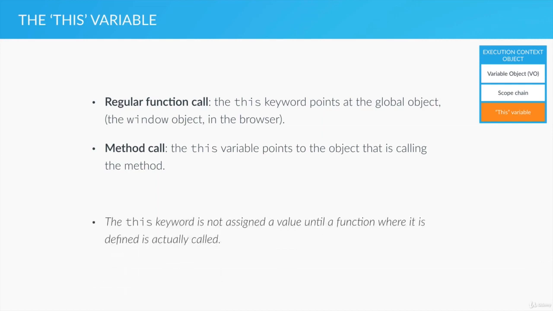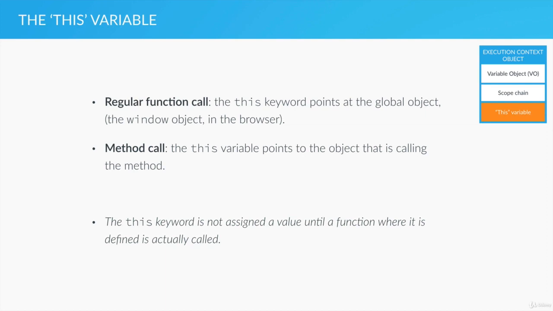And something very important about this is that the this keyword is not assigned a value until the function where it is defined is actually called. So again, even though it appears that the this variable refers to the object where it is defined, the this variable is technically only assigned a value as soon as an object calls a method.